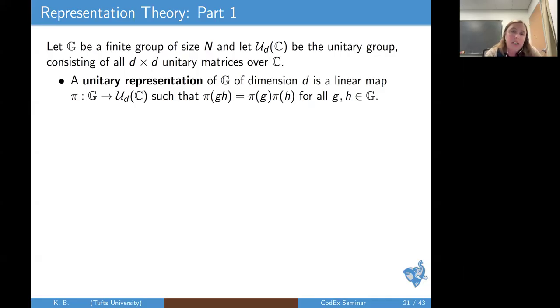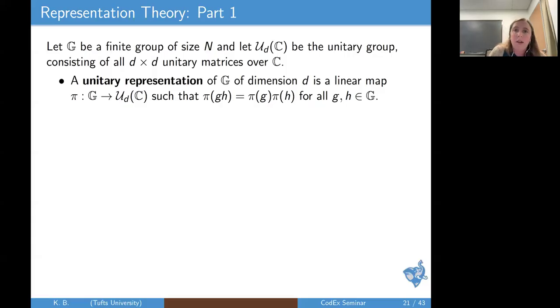So we're going to take our finite group of size capital N. My size of my graph earlier was capital N, so I'm going to keep them the same, because we're thinking about Cayley graphs, where the vertices are elements of the group.